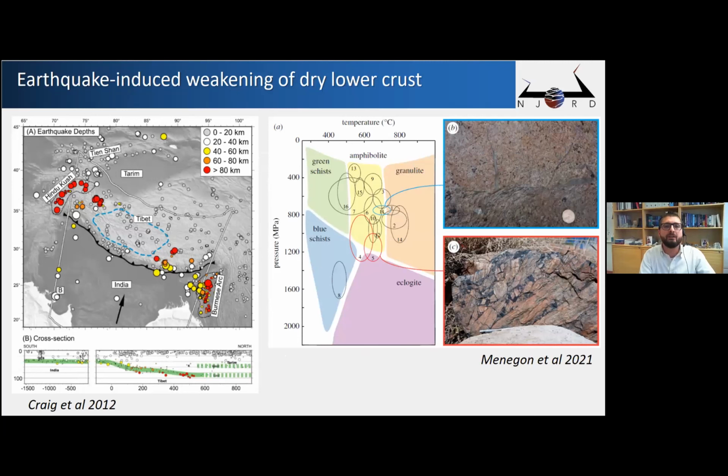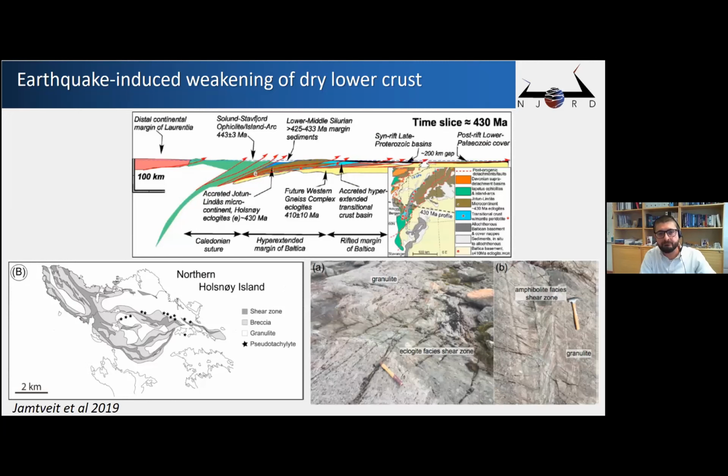So we think we can deform it only if we infiltrate fluids, and this requires earthquakes, which can be similar to what we observe in the present-day seismicity underneath the Himalaya, where earthquakes conceivably would develop pseudotachylites and perhaps mylonites if rheological transitions are kicked off.